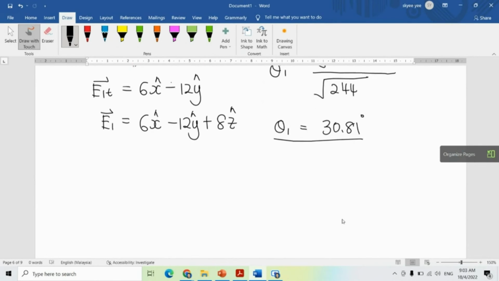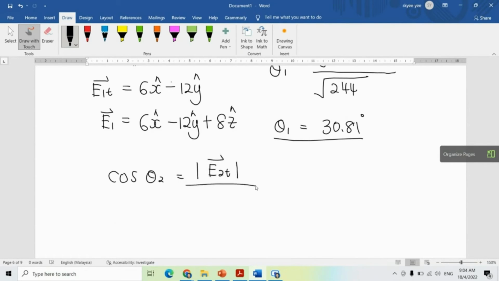Alright, if there is none, then we'll proceed to cos theta 2. This is the angle that the electric field in medium 2 makes with the interface. So you will use the E2T and E2.